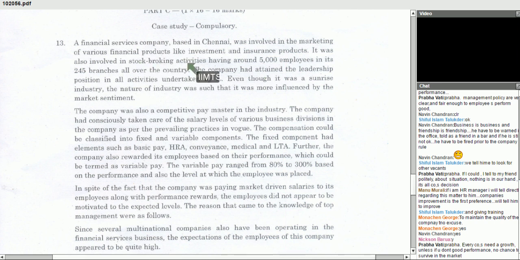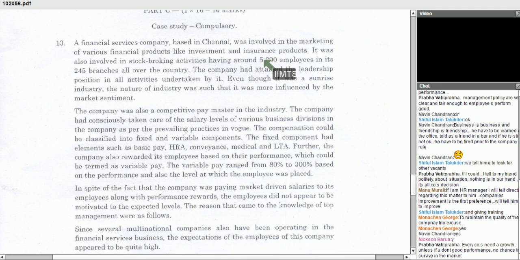How many of you are familiar with stock broking activities? It means purchasing shares, selling shares, and then getting some commission from each buying or selling transaction. That is the whole business of stock broking.